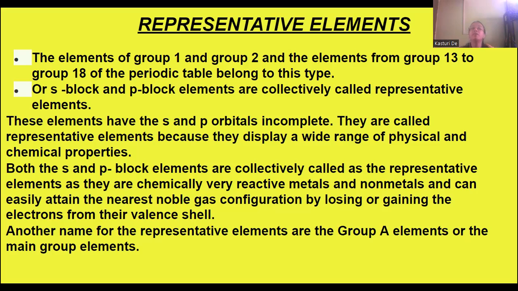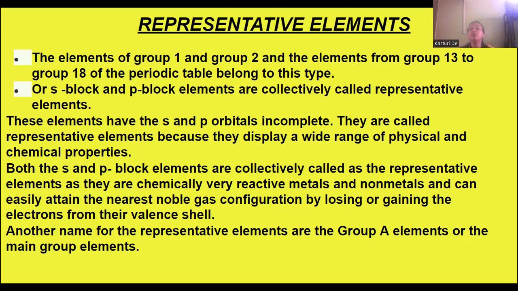Or you can say the S block and the P block elements are collectively known as representative elements. Now, there are orbitals we know, S, P, D, and F. 4 orbitals are there, S, P, D, F. So the elements of S and P block are representative elements.